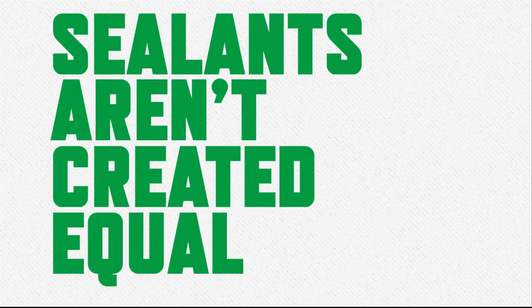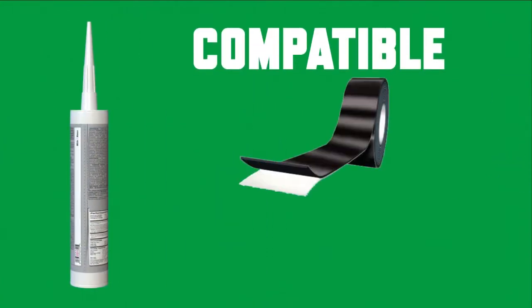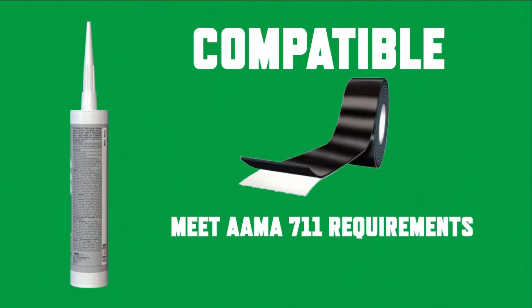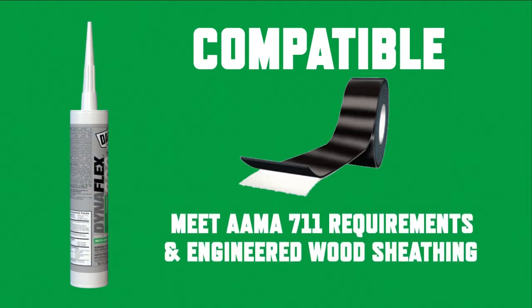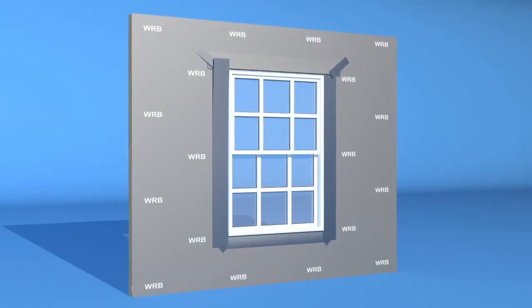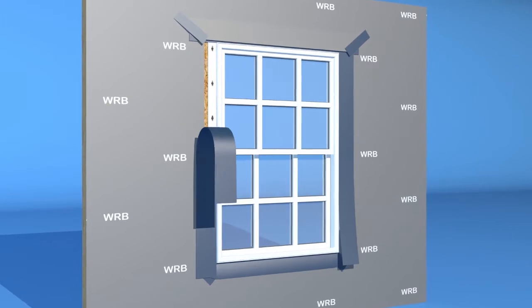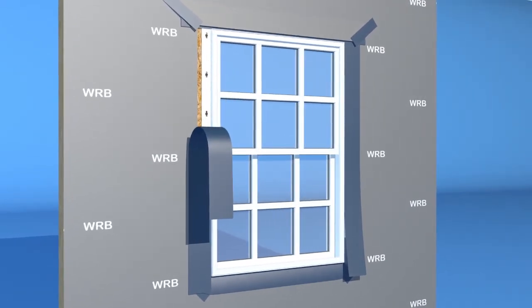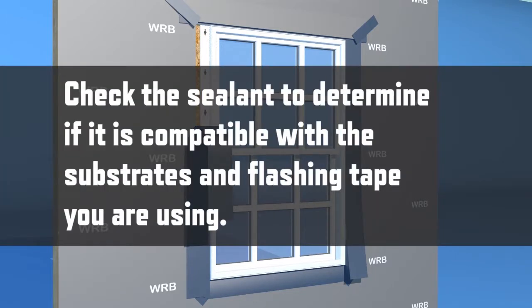Sealants aren't created equal. DAP Dynaflex 800 is compatible with all flashing tape technologies that meet AAMA 711 requirements and engineered wood sheathing. Some sealants may be incompatible with these substrates and attack and dissolve the adhesive backing of the flashing tape, causing failure. Check the sealant to determine if it is compatible with the substrates and flashing tape you are using.